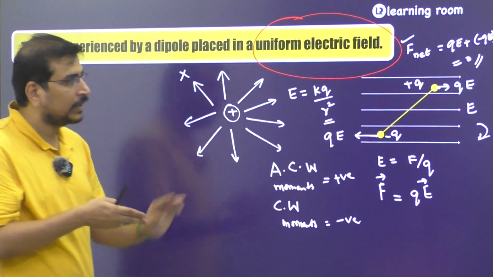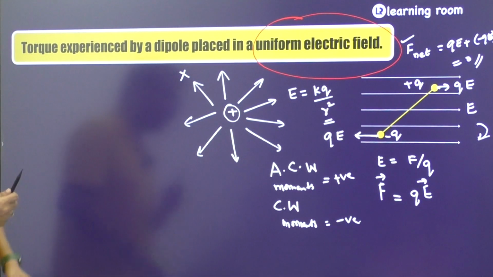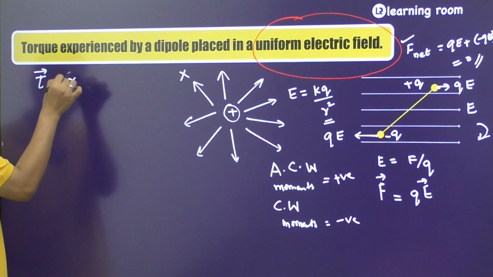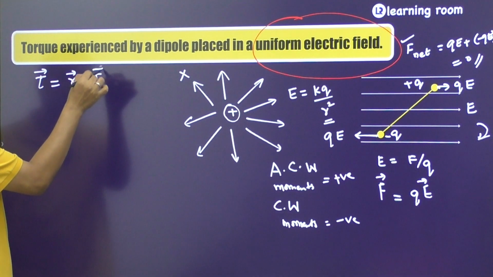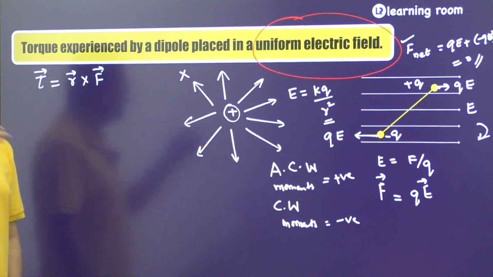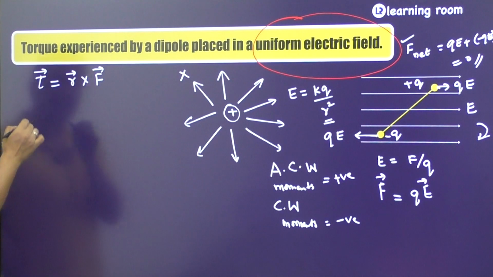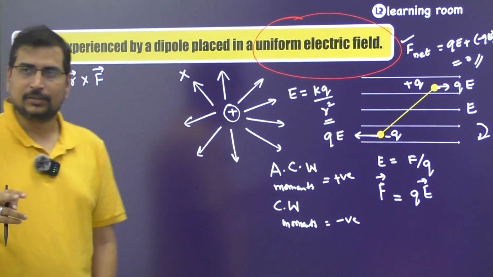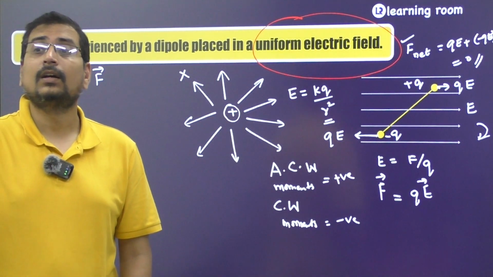Now our job is to calculate the torque. Now I'm coming from your 11th standard basics. Torque in the vector form is written as r vector cross F vector. This is when you write it in the vector form. Whereas if you write the same thing in the scalar form, you cannot have cross and dot at the same time, you write it as F r sin theta.